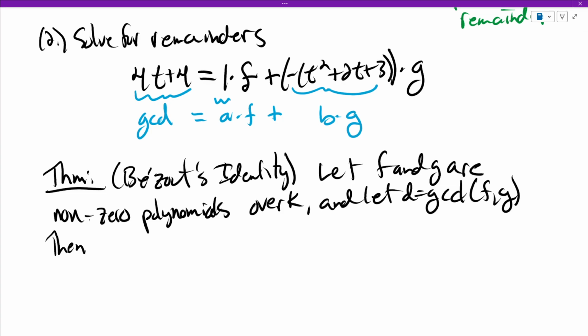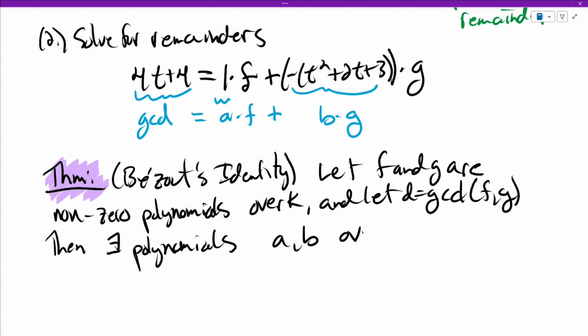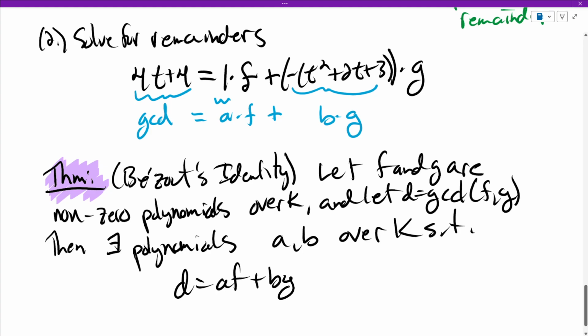Then what's the conclusion? Well, D is like the GCD here on the left, so there exist polynomials A and B over K such that D is AF plus BG.